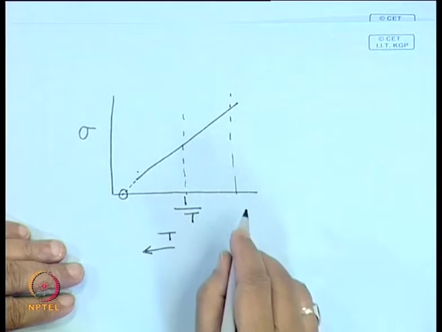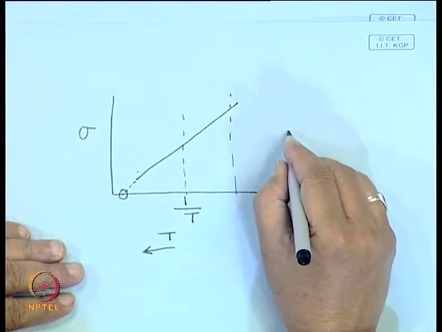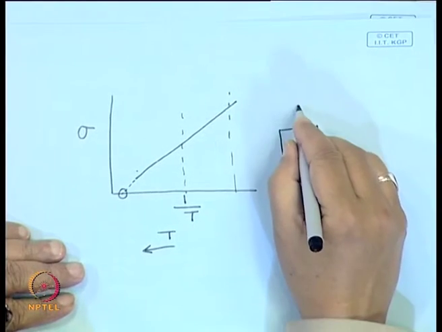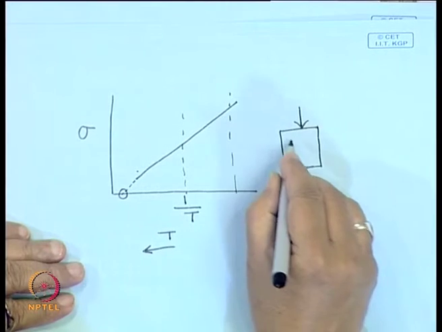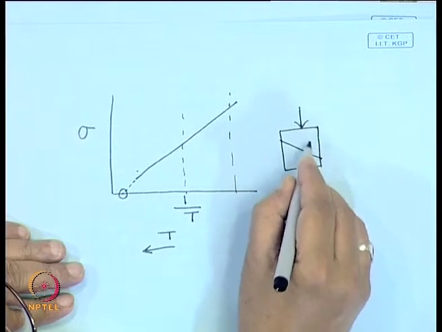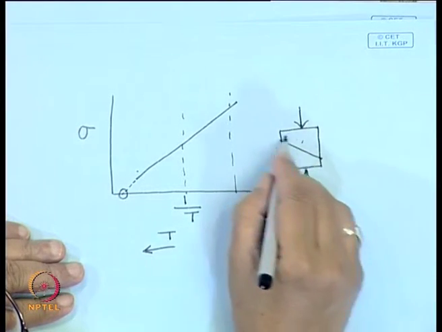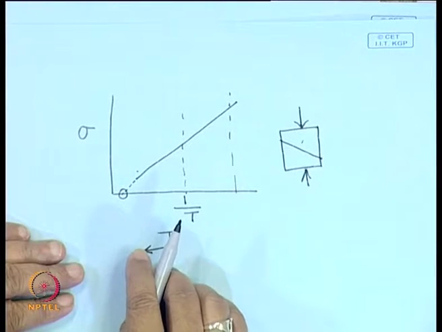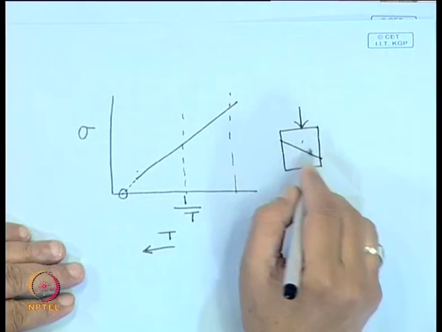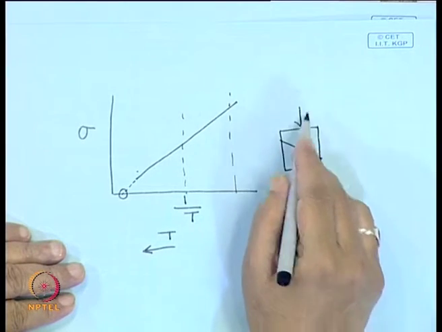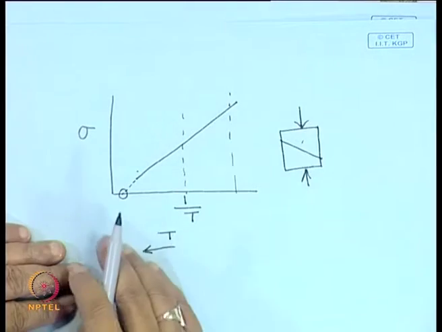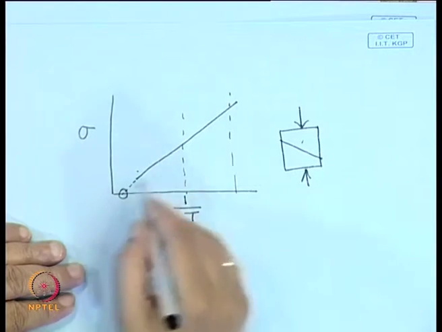In fact, the deformation in solids takes place through shear. Even if you are applying compressive stress, deformation takes place on these planes through slip. Deformation takes place in a crystal through slips, and slip is a process of simple shear, and usually the shear planes are inclined at an angle of 45 degrees to the direction of the principal stress.